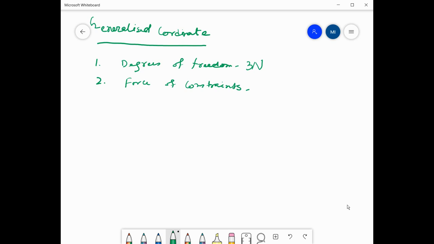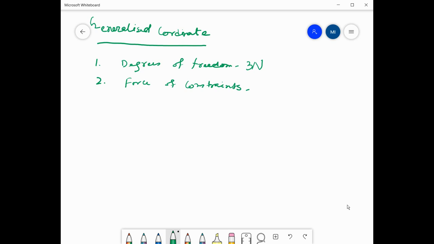Right? Now, what are the forces of constraint? Forces of constraint are the restrictions imposed on the system. For example, you are considering the motion of a simple pendulum, right? Its motion is actually in two dimensions. If you consider the vertical direction as the y direction and horizontal direction as the x direction, then its motion is in the xy plane. So its motion is two dimensional. But there is one constraint.